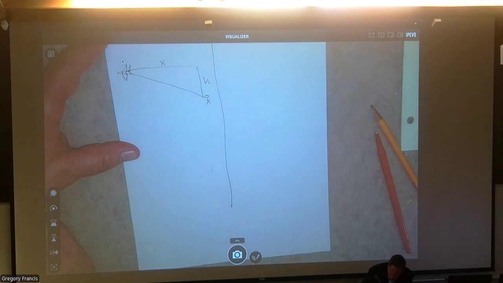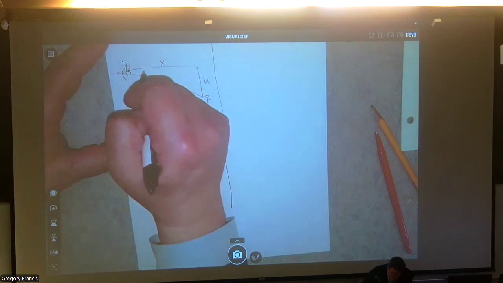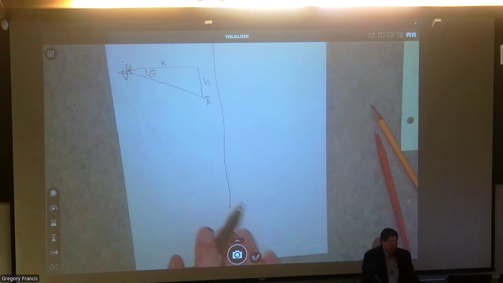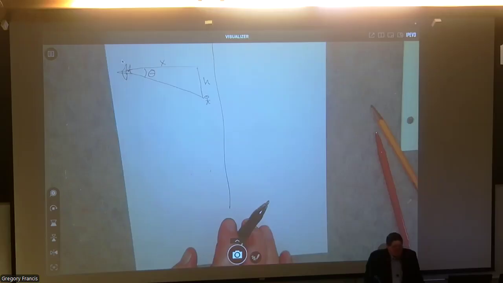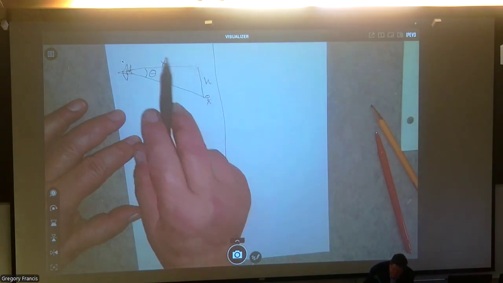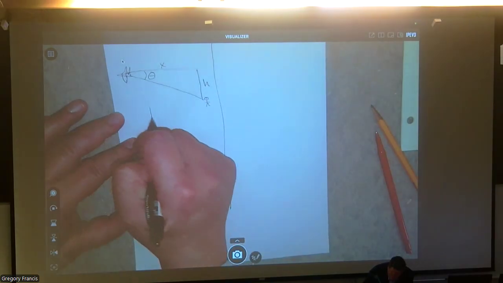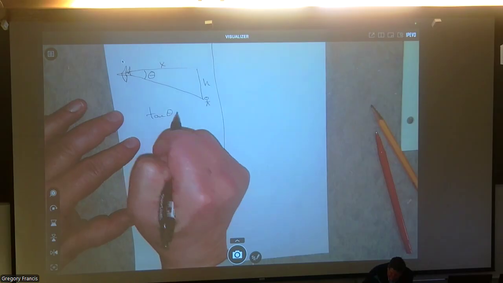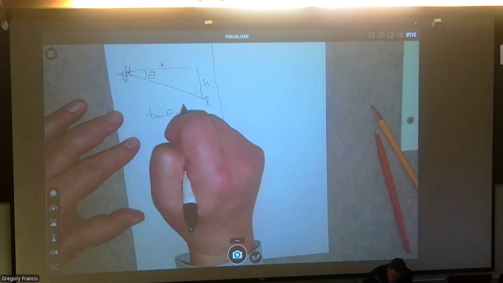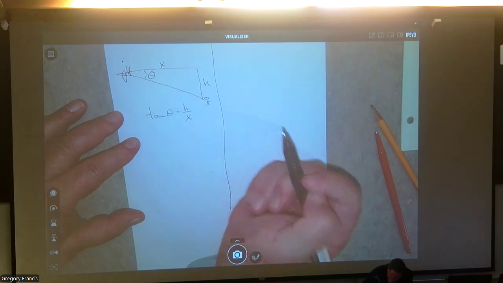Okay. Now, the key to these problems is finding this Mach cone angle, or really it's the Mach cone half angle of the cone. And if I know these values here, I can use the tangent function to find that angle. It would be the opposite side over the adjacent side.